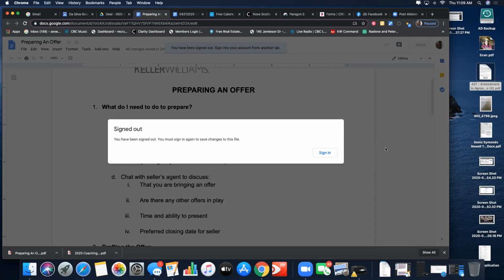But generally speaking, it's not usually necessary to write it in unless you are having an incredibly difficult conversation with the other agent and there's a feeling that you're going to have problems getting in, or it's tenant occupied or something like that. Generally speaking, most people will let people in once or twice, just out of courtesy.